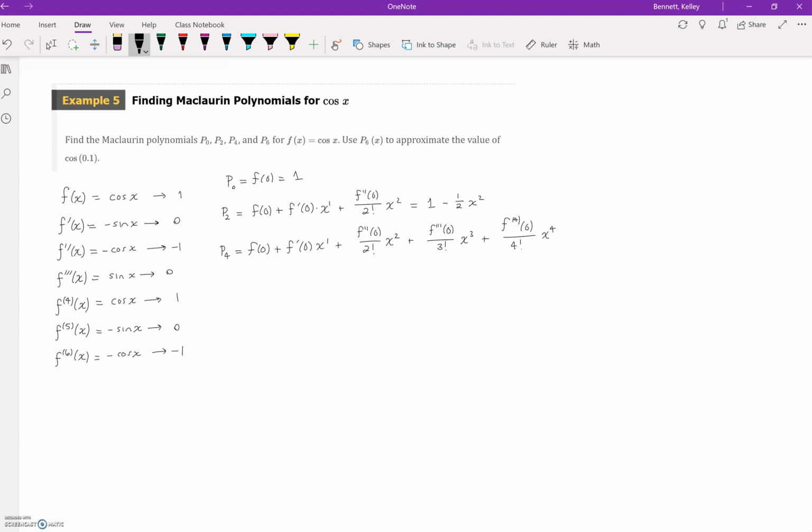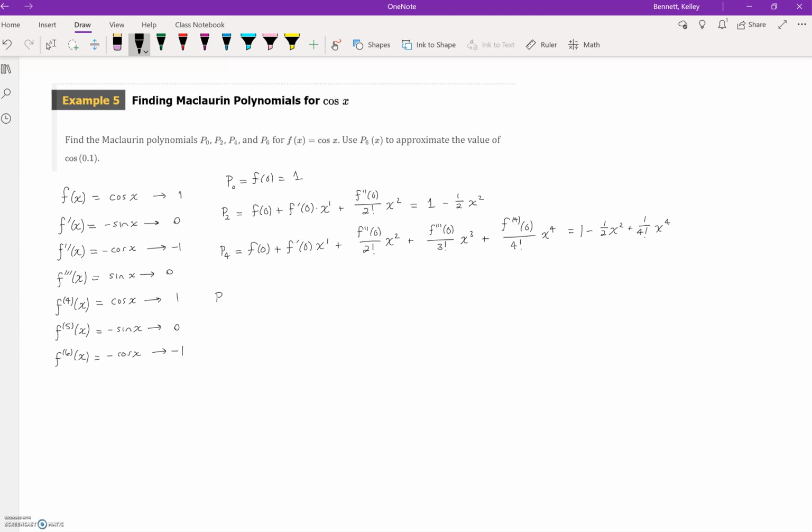And for us, that is going to be, so again, the odd derivatives are 0, so we get 1 minus 1/2 x squared. And then the fourth derivative is positive, so 1 over 4 factorial x to the fourth.